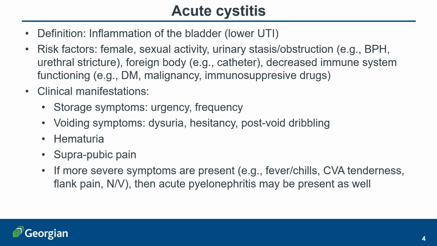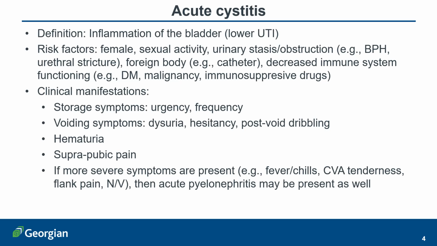The clinical manifestations of acute cystitis are related to the storage symptoms, which is the urgency and frequency when the bladder mucosa is inflamed. You can imagine any urine that's going to be there for a prolonged period of time, or even for a short period of time, there's going to be urgency and frequency to void that urine. And then we have the voiding symptoms itself, which would be dysuria or painful urination, hesitancy, and post-voiding dribbling.